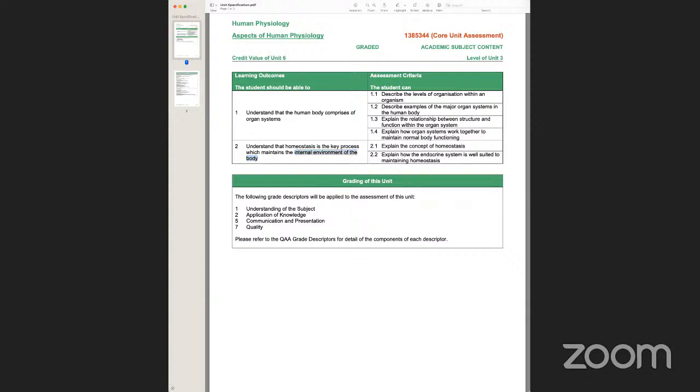When I say function effectively, what I mean is that the internal environment of the body, the cells, the tissues, the organs, the organ systems that we discussed yesterday, the cellular level of organization, function well. That means they require the optimal temperature.